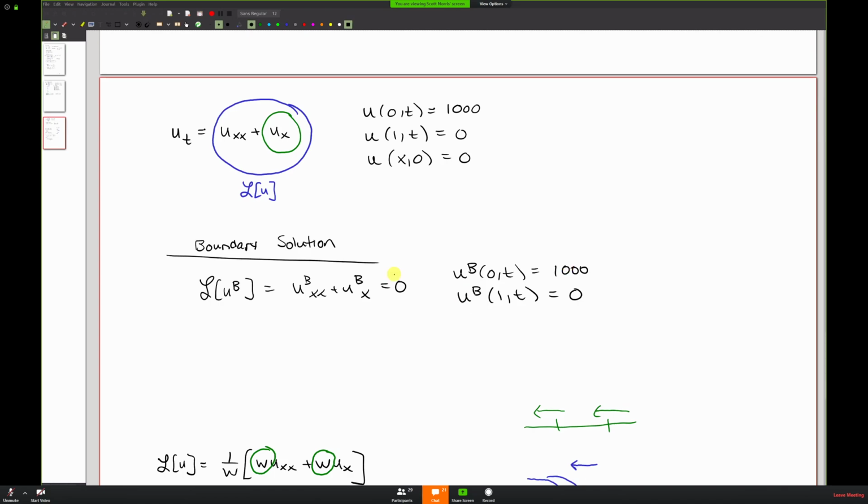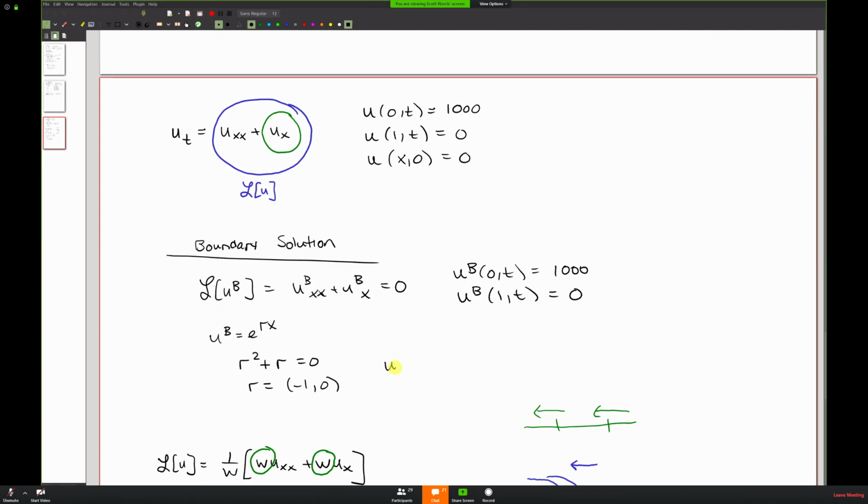Okay, and so how do we go about finding the solution to this problem? It is a constant coefficient, second order ODE, and we can guess a solution. We can guess UB equals e to the Rx, and that's going to give us R squared plus R equals 0, R equals -1 and 0.